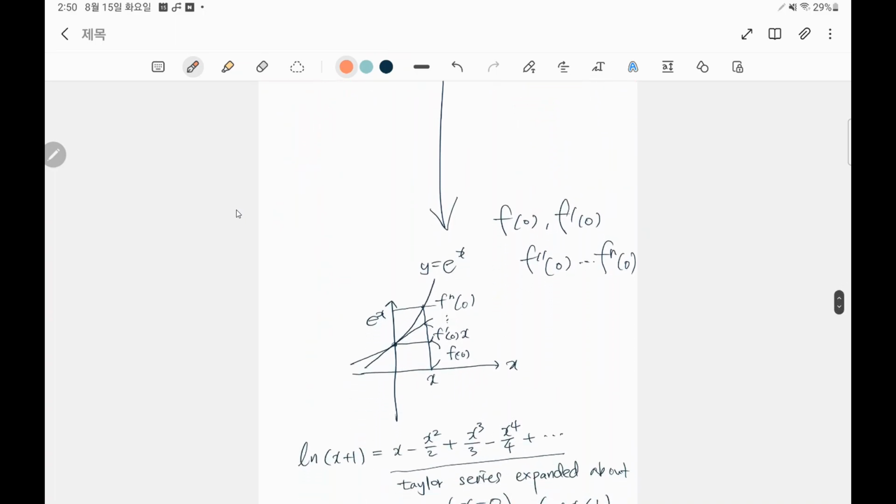So that means all finite numbers of x satisfy the condition for the Taylor expansion of e to the x to converge to its original function e to the x.